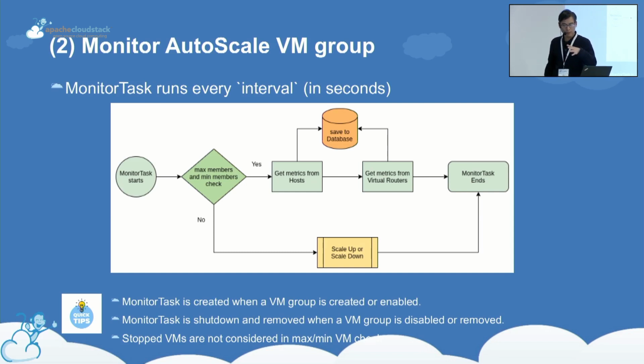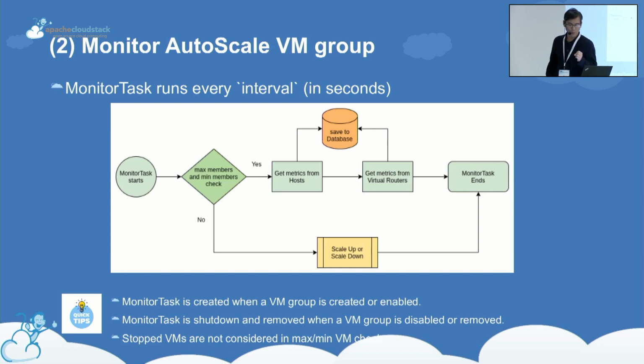And if the VM number is above the maximum number of the VM group, then CloudStack will destroy one or some of the existing VMs. So the total number of VMs will not exceed the maximum number and not be less than the minimum number.